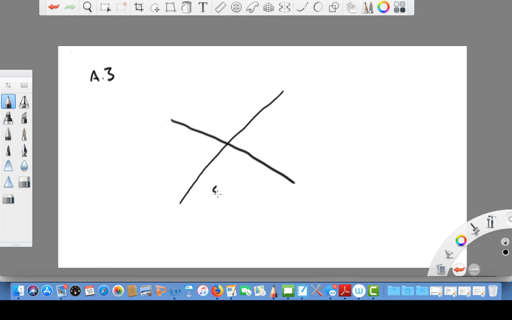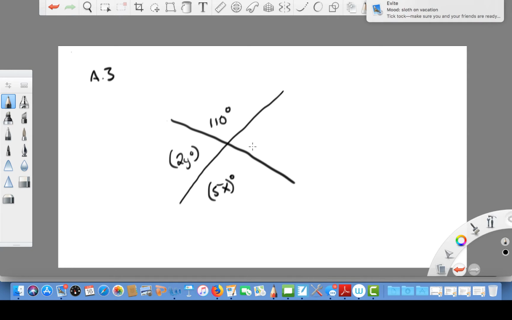So 5x degrees here, and you'll notice that is in parentheses. And then on this side, we have 2y degrees. They give us the actual 110 here, and then we are looking for p here.